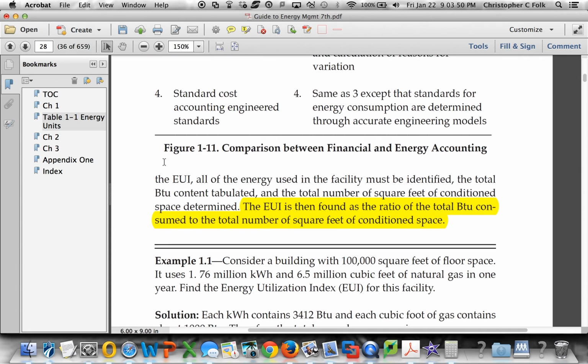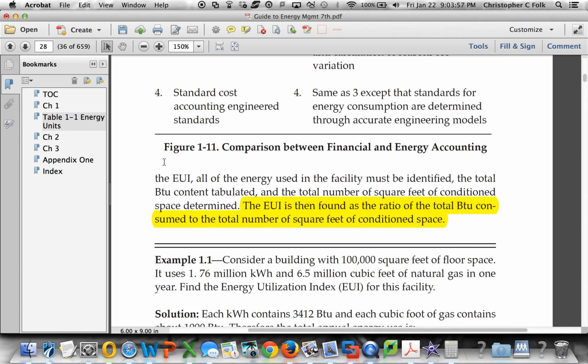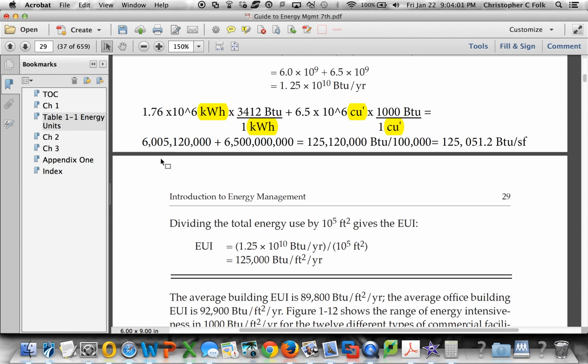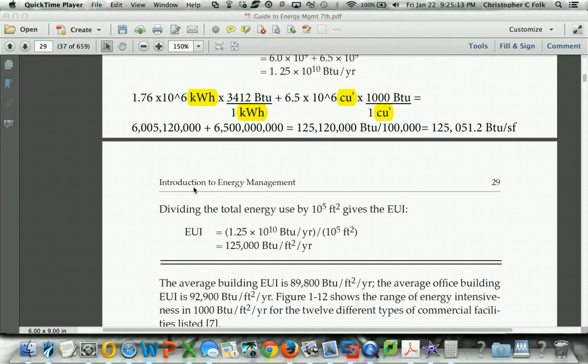So we looked at that example, and we calculated it a couple of different ways. We looked at how we could do that using just mathematics, and then we also learned how to use Excel. In both of these examples, we were determining an energy usage as compared to the amount of square feet that the energy was being used.